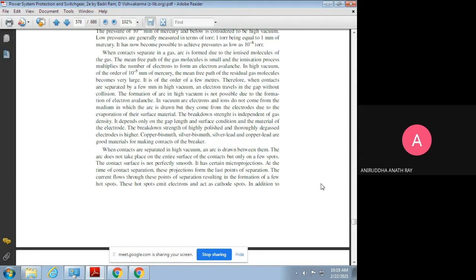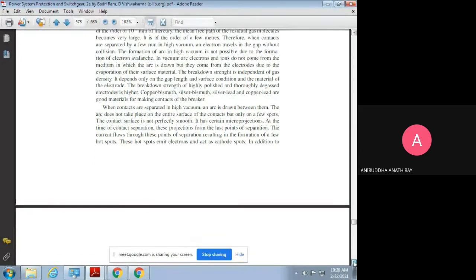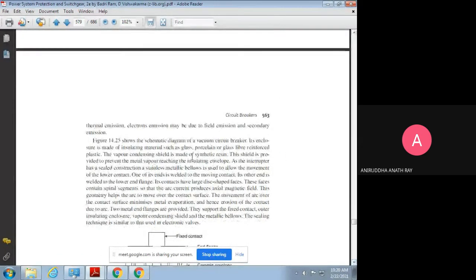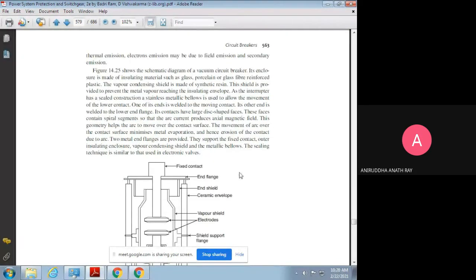At the time of contact separation, these projections form the last point of separation, and current flows through these points, resulting in the formation of a few hot spots. These hot spots emit electrons and act as cathode spots. In addition to thermal emission, the electron emission may be due to field emission and secondary emission.